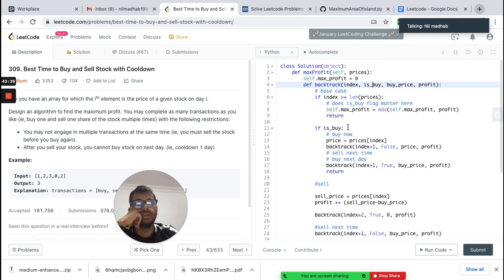Okay, so now if is buy, we have to buy now, so we can do two things. We can buy today, or we can buy the next time.